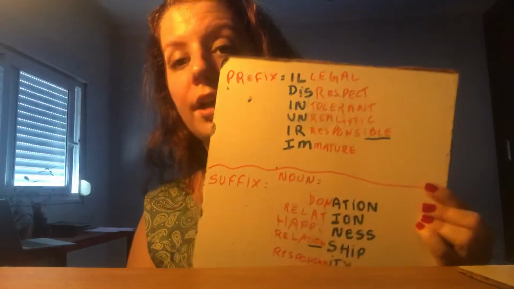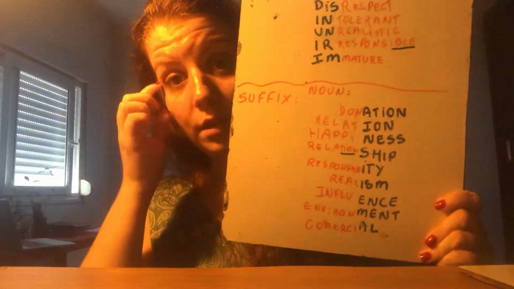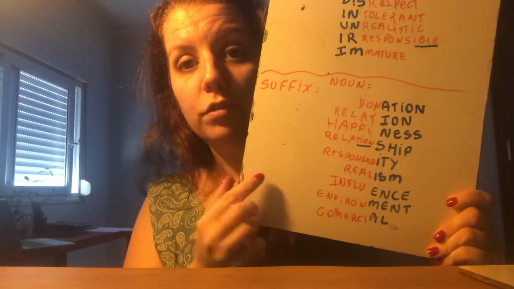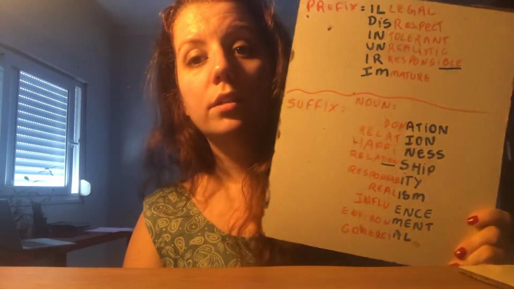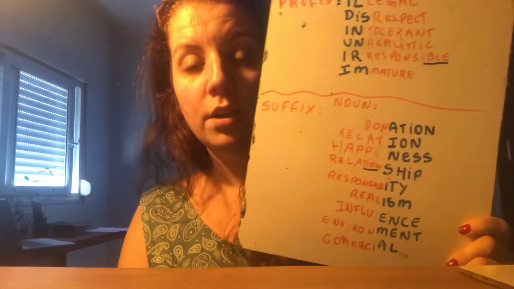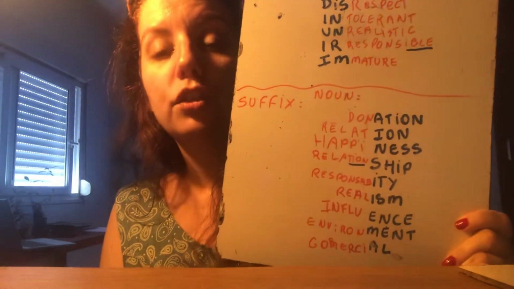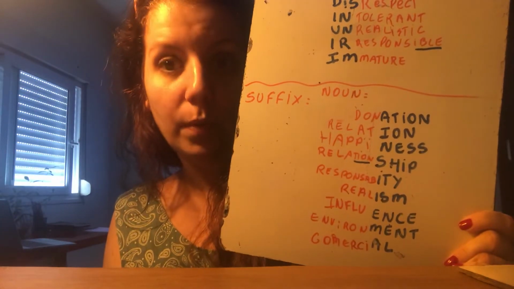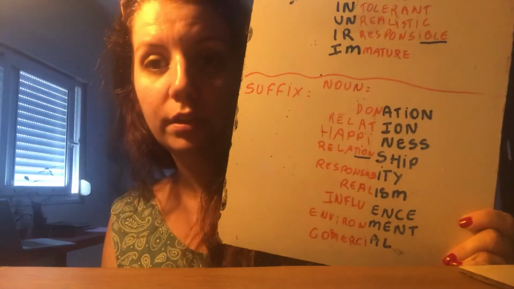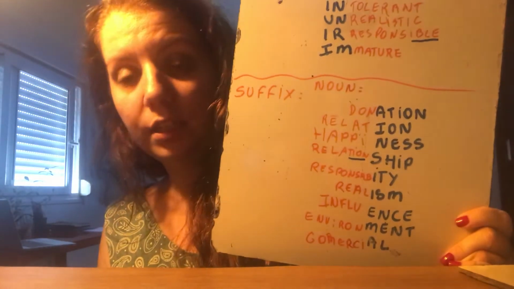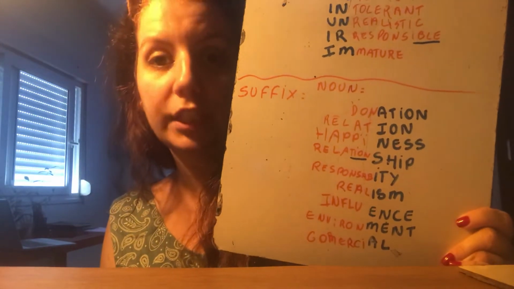And then you have the suffix. You have some suffixes that transform the words into nouns. Nouns are substantivos. So you have the suffix ation, donation is an example. The verb is donate. If you put the suffix ation, you transform the verb donate into the noun donation.